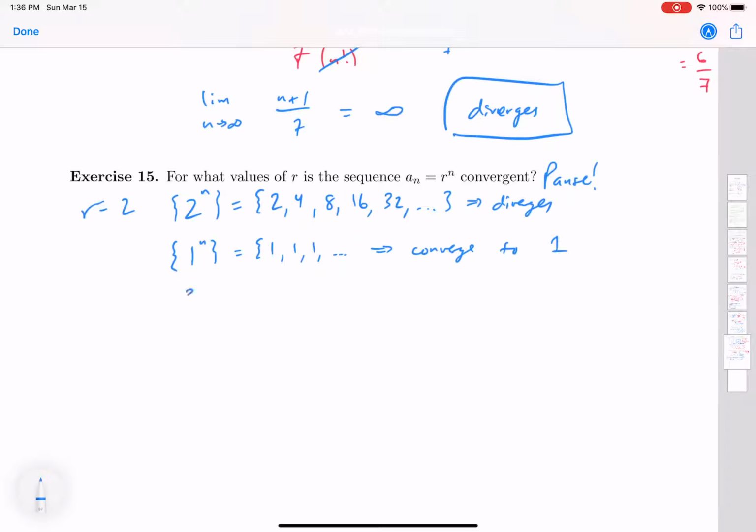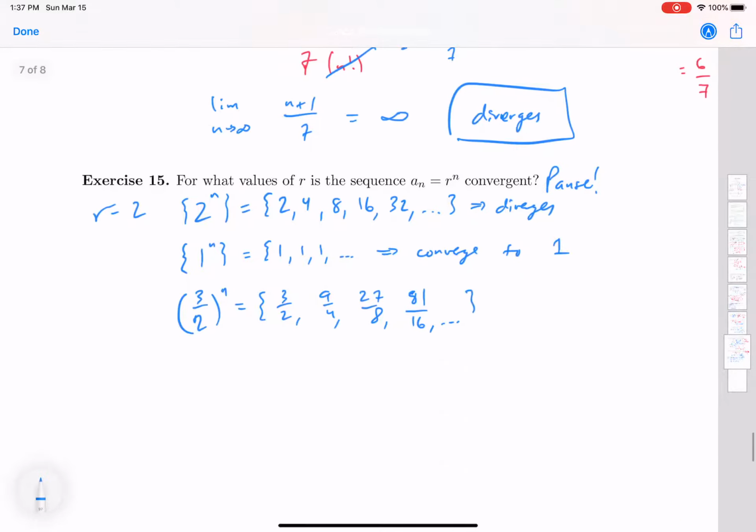Let me try 3 over 2 to the n power. This is going to give me 3 halves, then 9 fourths, then 27 eighths, then 81 over 16. This really looks like it's going to be increasing to infinity, which is exactly what it does. And the reason is that each term, I'm multiplying it by another 3 halves, so it's getting bigger.